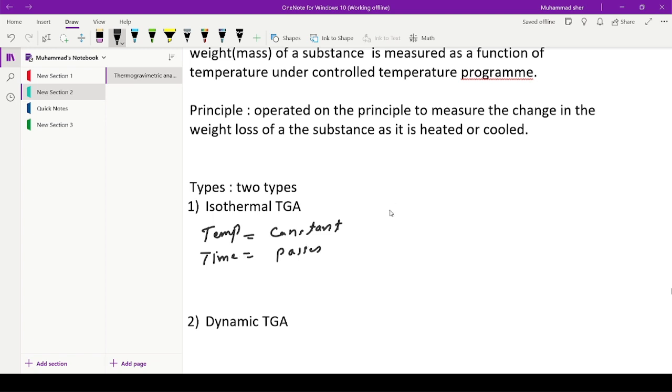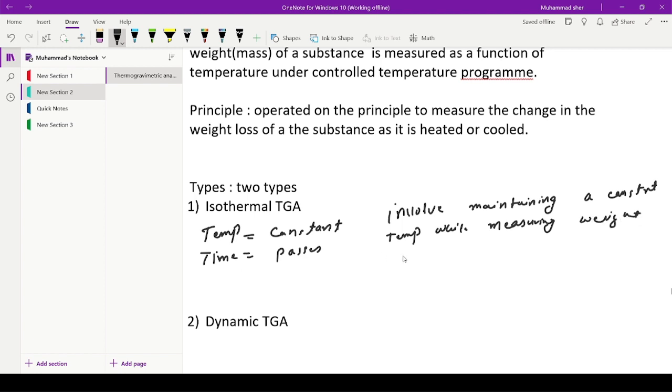Isothermal TGA involves maintaining a constant temperature while measuring weight changes over time.